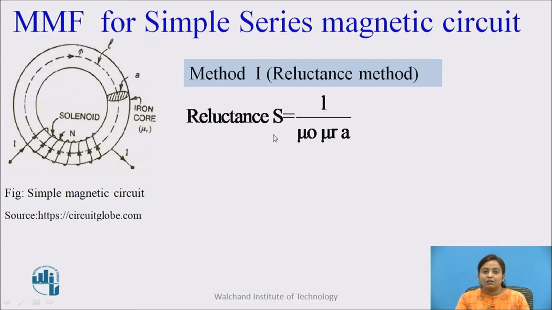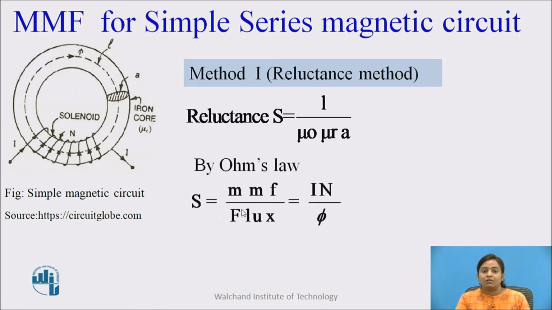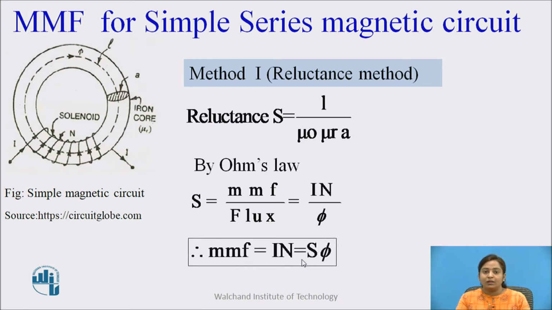The reluctance S is equal to L by mu 0 mu R into A, and by Ohm's law, this reluctance can be defined as MMF by flux, which is equal to I into N by flux. Okay, so MMF is equal to I into N equal to S into phi. Okay, so if we know flux and reluctance, we can calculate the MMF for that magnetic circuit.